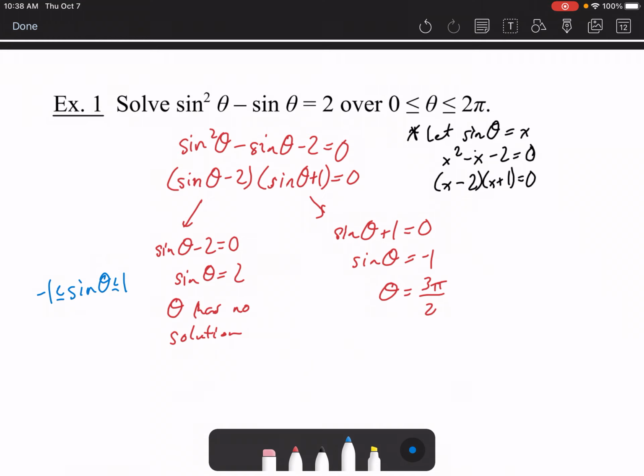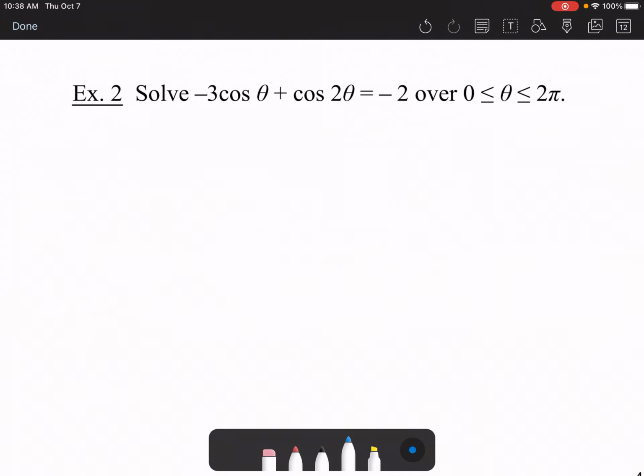Okay, so let's try one last problem here. Both of these are in terms of cosine, but one's in terms of a double angle. Now we do have different formulas for cosine functions, but I'm going to use the one that is in terms of cosine. So negative 3 cosine theta.